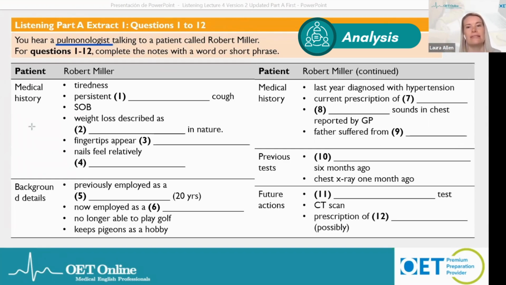So then, as I said, we're going to highlight the subheadings, right? Here we've got medical history. Then we've got background details. Then a little bit more medical history, previous tests, and future actions. So focusing on medical history, right?